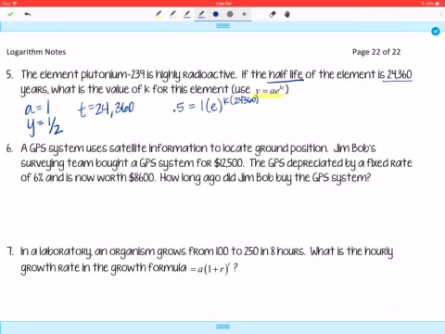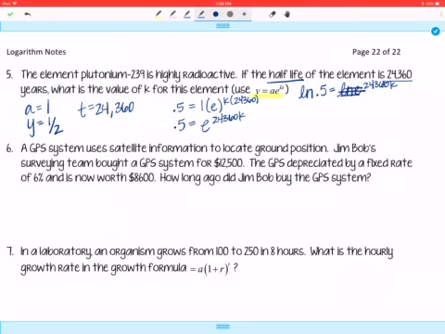Now if I divide by 1, that's still just the same as half, so really you could rewrite it as this. Again, in order to get rid of the E, I have to take the natural log of both sides. So the natural log of 0.5, the natural log of E raised to that massive number.